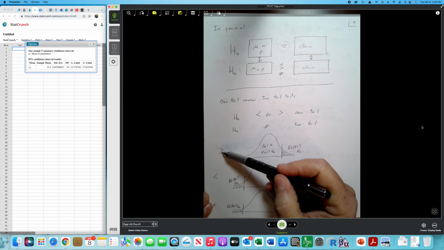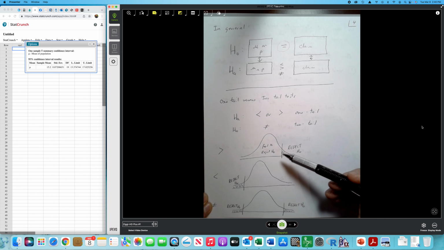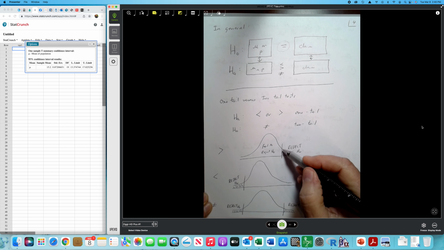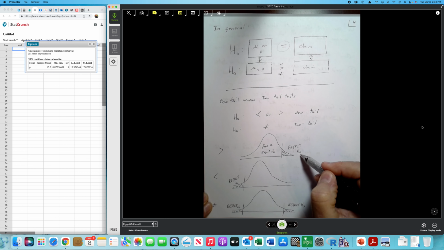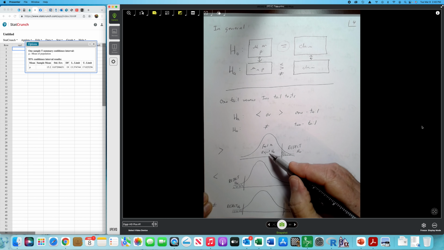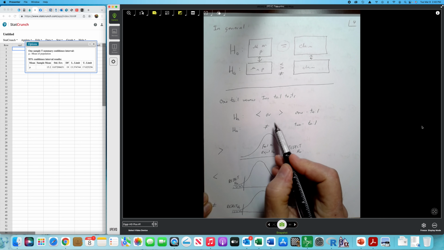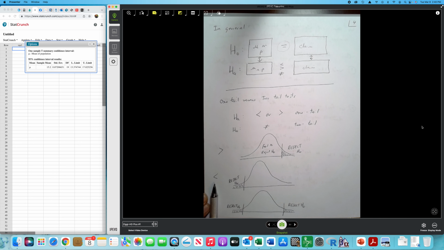If we have a greater than sign in the alternative hypothesis, then we put our rejection region greater than our claim, which will be in the center of our distribution. If we have a less than sign in our alternative hypothesis, then we go less than the center.